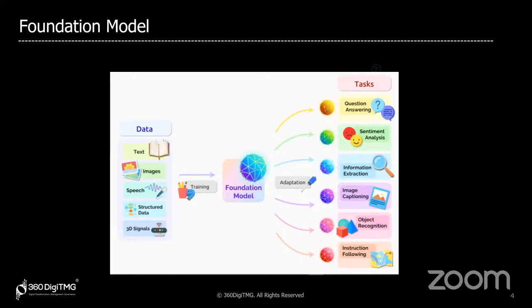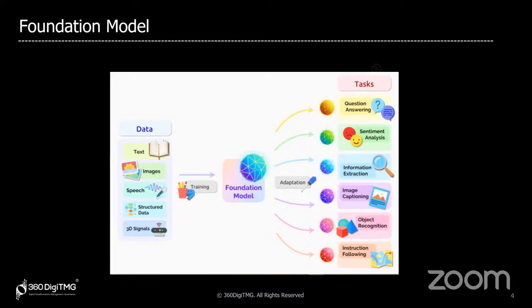These are the tasks we can train our model on. So we can either fine-tune that model for a specific task, or we can apply the foundation model as is and adapt that model for a specific task.